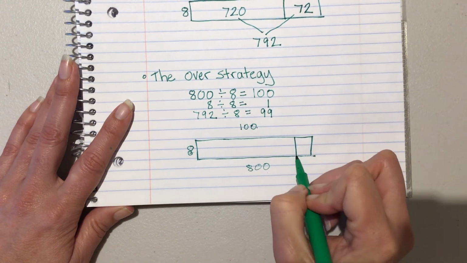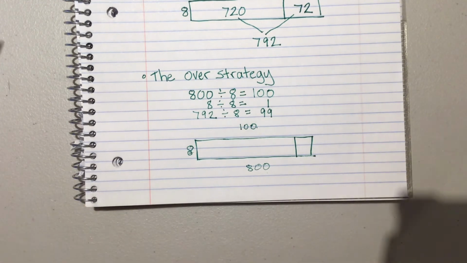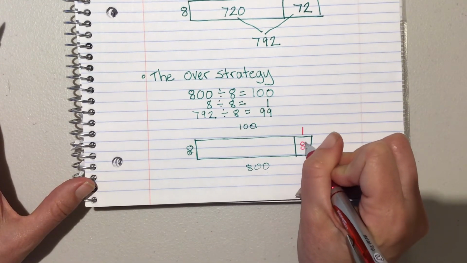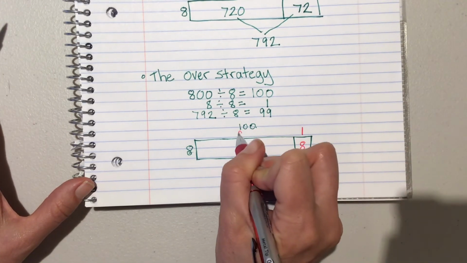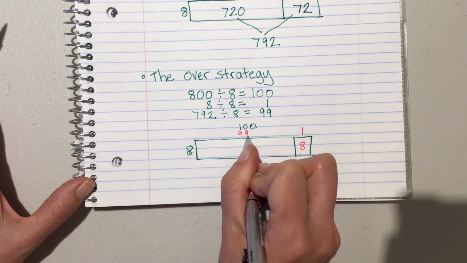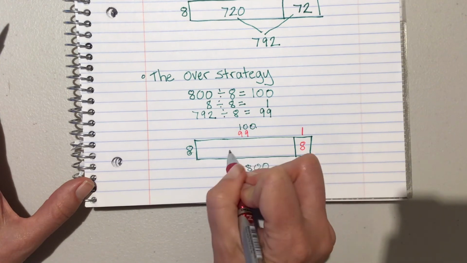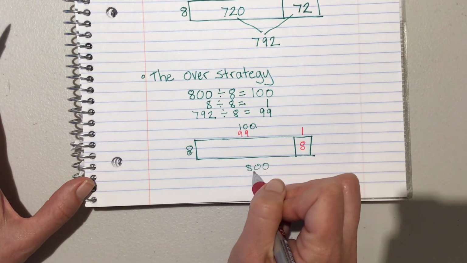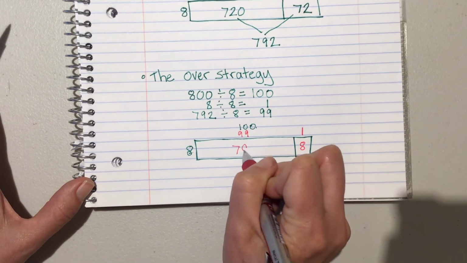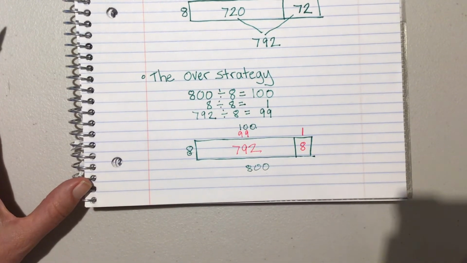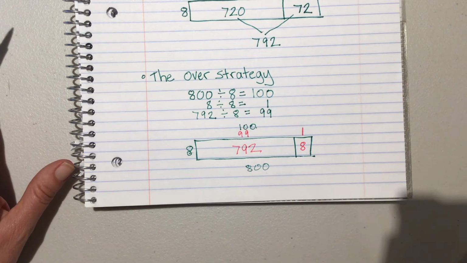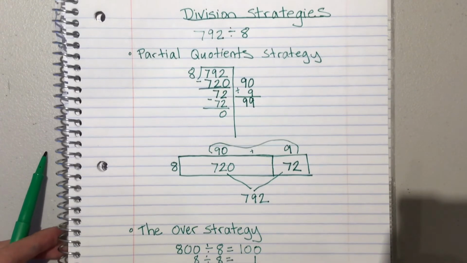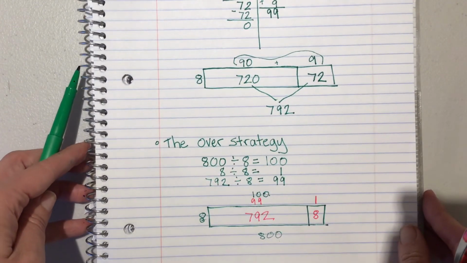But if I put, I'll use a different pen, 1 here to get 8, and 99 here, taking 1 set away, we're taking 8 away from 800, 792. Okay, so that's 2 strategies, the partial quotients and the over strategy.